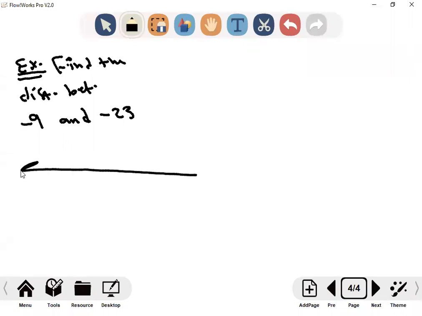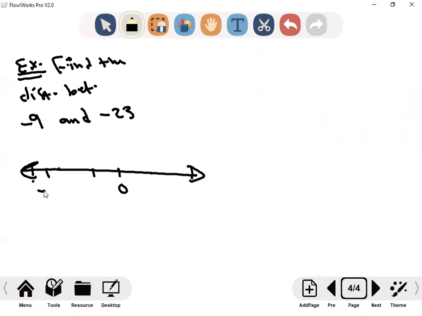So when you draw your number line, don't put 0 and a number on each side. Both are to the left. Don't forget that. Which one is closer to the 0? The negative 9, not 23. The negative 9 is closer to the 0 than the negative 23.